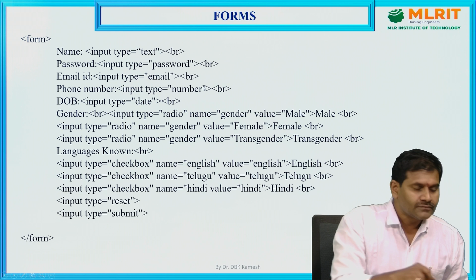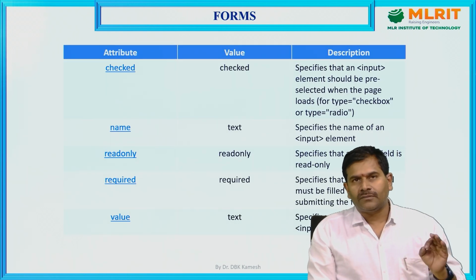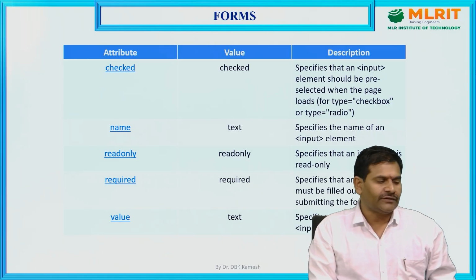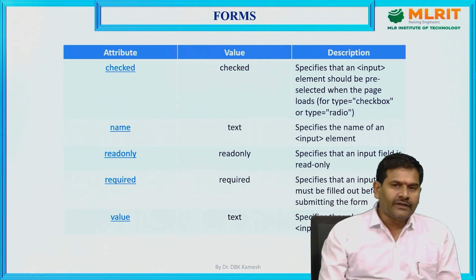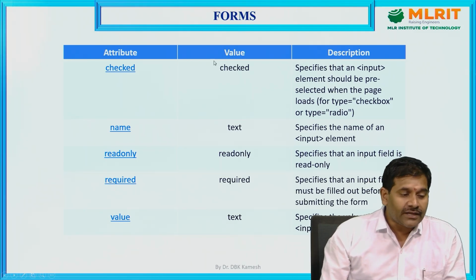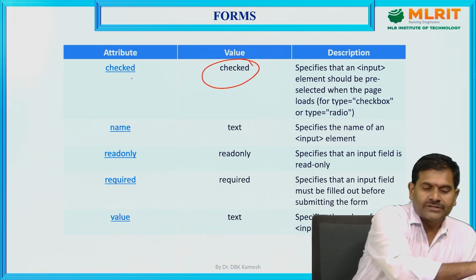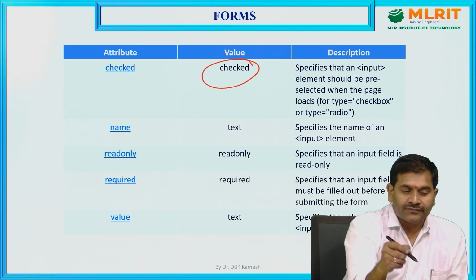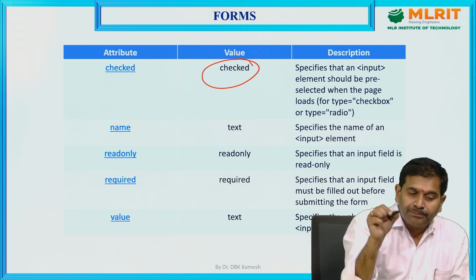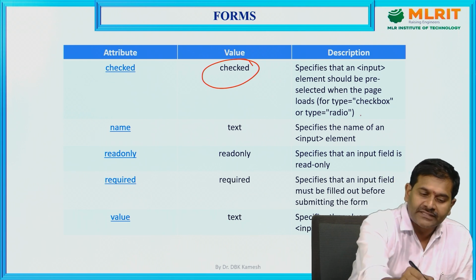Next, what kind of form attribute, what kind of value, and what kind of description we have given. Here we have given the checked attribute. The description of checked is that it specifies that the input element should be pre-selected when the page loads, for a checkbox or radio button.